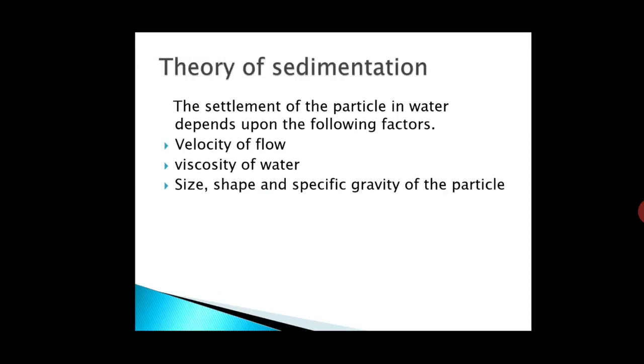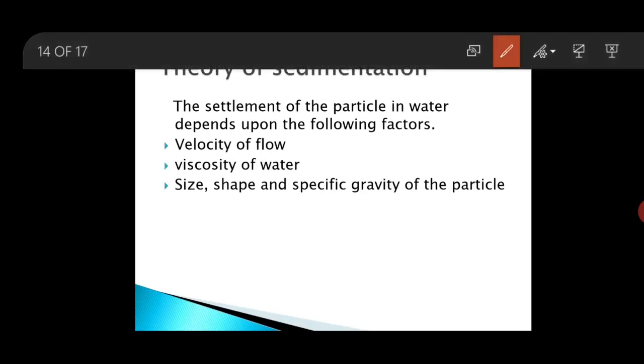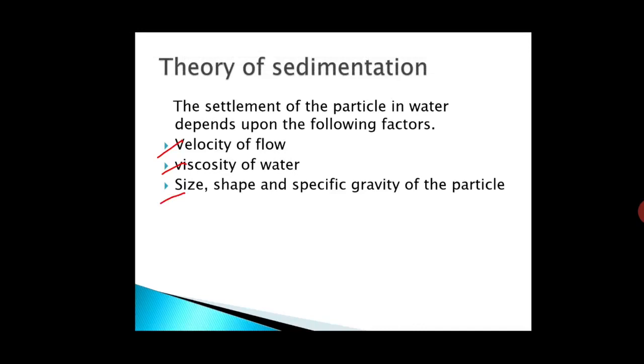Next, let us discuss the theory of sedimentation. The settlement of a particle in water depends upon three different factors: velocity of flow, viscosity of water, and size, shape and specific gravity of the particle.